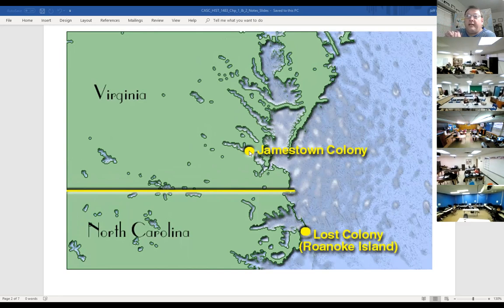The English colonies were founded by private companies called joint stock companies, and people could invest money in a joint stock company, and therefore several people who made up the Virginia Company founded Jamestown. So it wasn't just a royal colony.